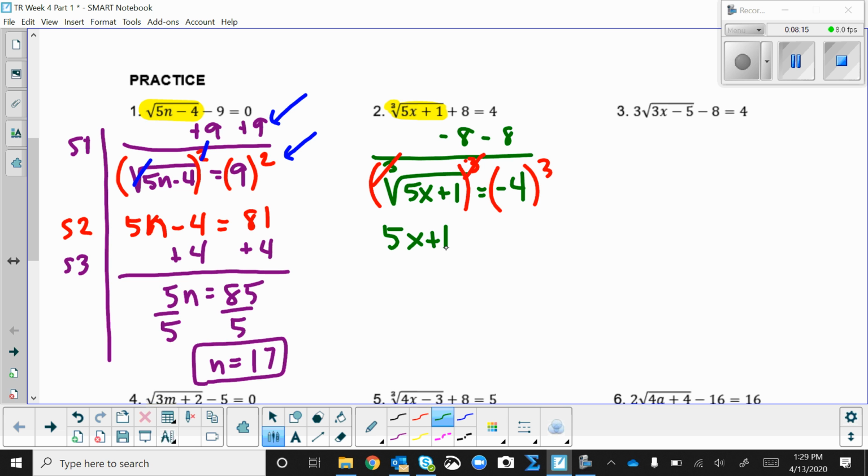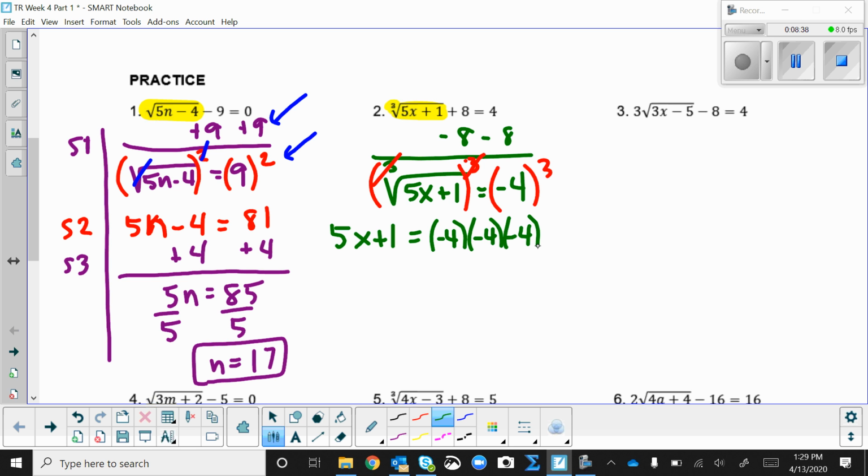But let's think about the right-hand side for a second. We have -4 cubed. Let's talk about what that actually means. It means -4 times itself 3 times. So here's what that looks like. -4 times -4 times -4.